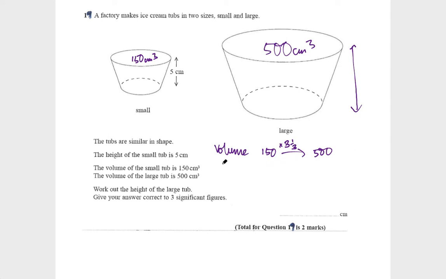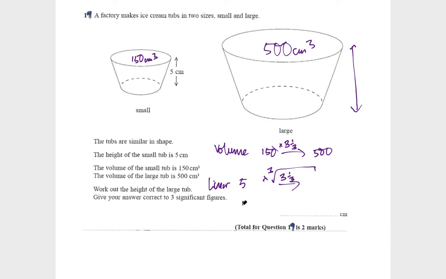That's the cubed version of the scale factor. So if I want to go from 5 in linear, just a straight line length, I'm going to go from 5 to my answer by timesing by the cube root of my previous answer, cube root of 3 1/3. So on my calculator I can cube root my previous answer.